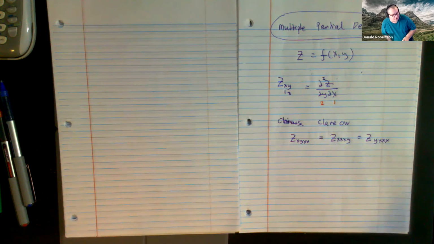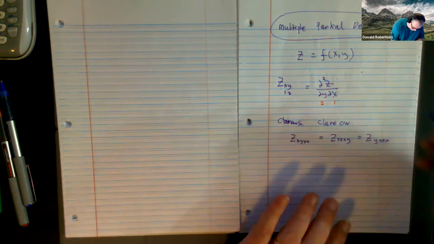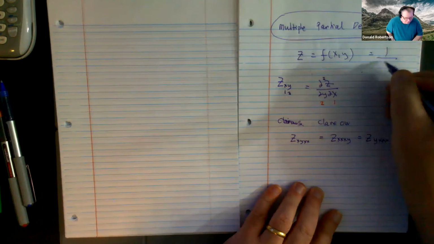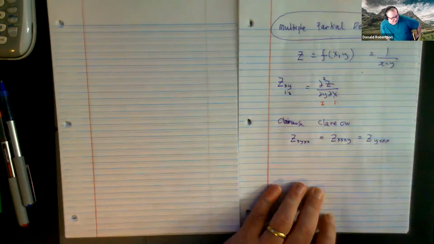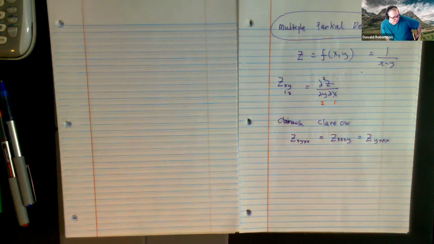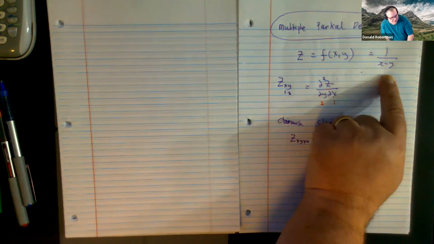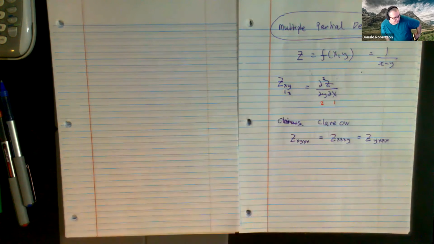Of course, isn't there a possibility that the function isn't? Can you imagine a simple function like 1 over x minus y? Would you agree that that would have problems every time x and y are the same number? I do not want to assume that if you differentiate with respect to x and then y, and y with respect to x, that this is guaranteed to always be true.